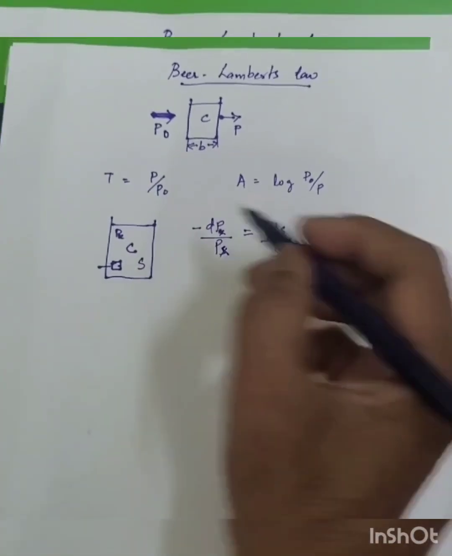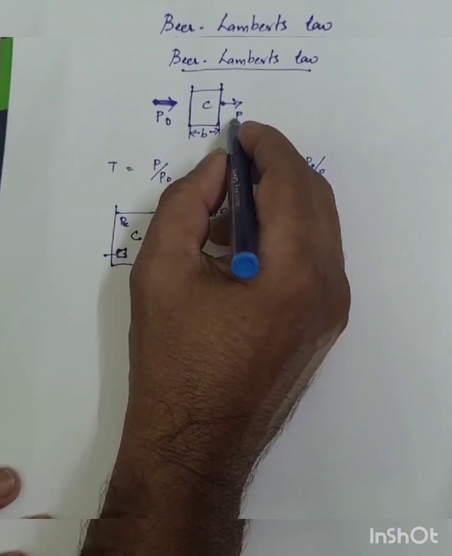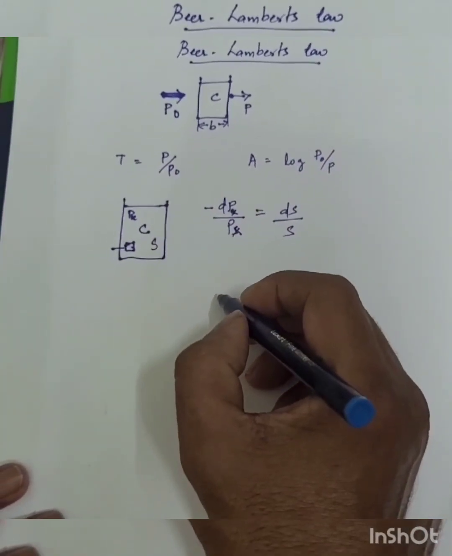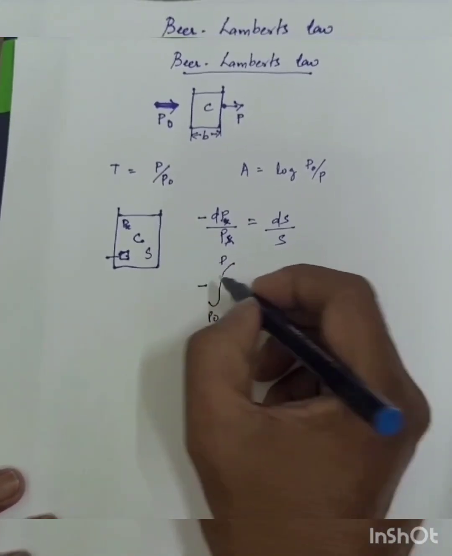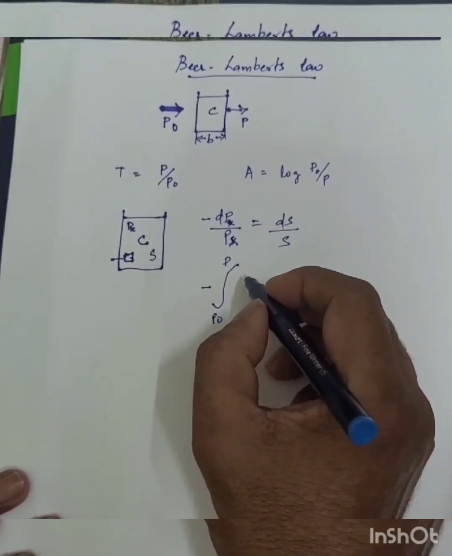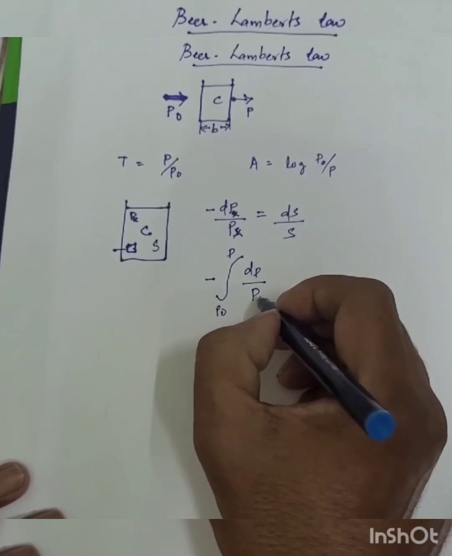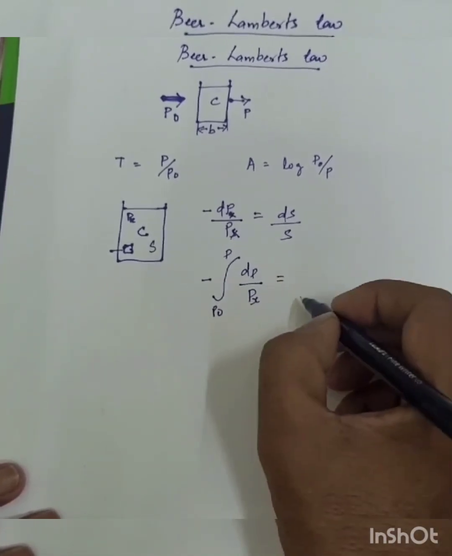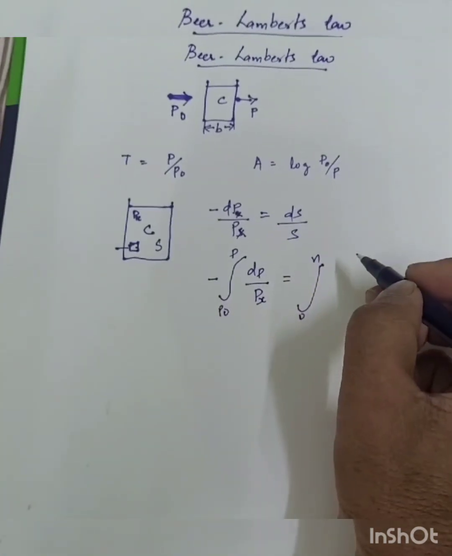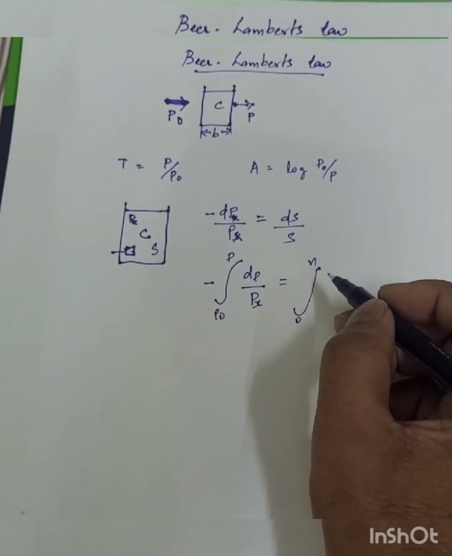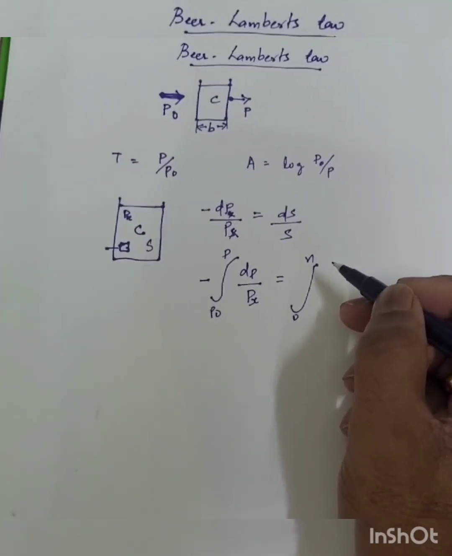Integrating this, the incident light P0 comes to P, so we integrate from P0 to P. I'm putting a minus sign because the light is decreased: minus dPx by Px, which equals the number of electrons from 0 to n. The number of electrons is proportional to what?